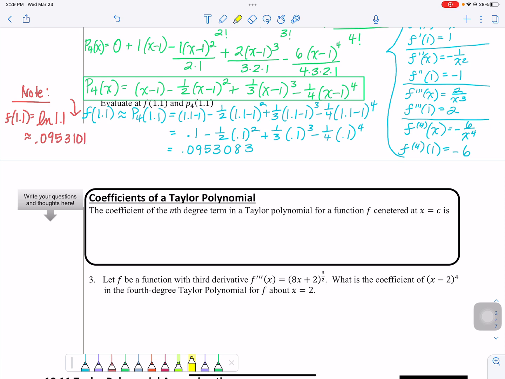So look how close these two values are. Again, this is our approximation from the polynomial, and this is the original function value.